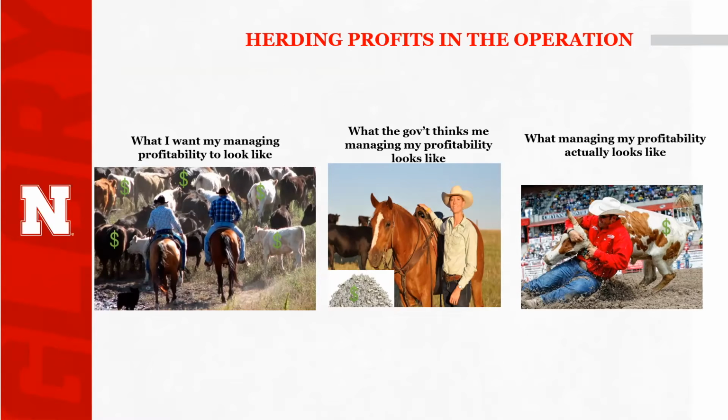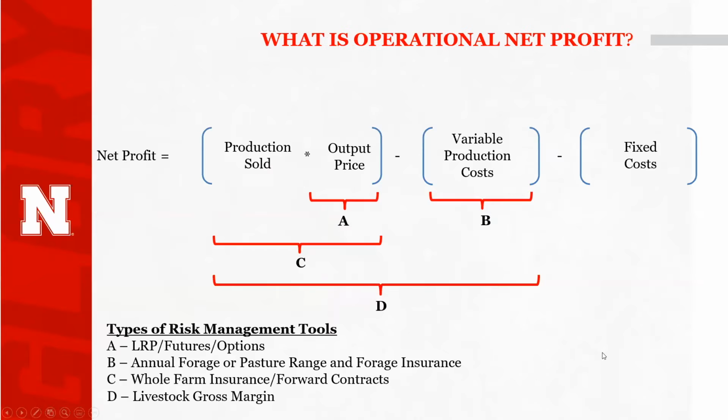And so today we're going to talk about a few tools that will hopefully reduce some of that anxiety that you might have about output price, and hopefully provide some directions for you to go into the production year with some tools to help ensure greater success.